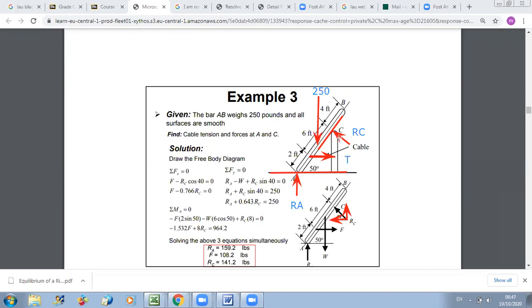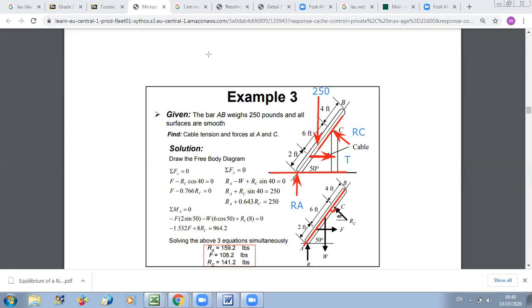In order to calculate the angle, let us look at the geometry of the figure. I know that RC is perpendicular to this line, to AB. This is why here I have an angle of 90.